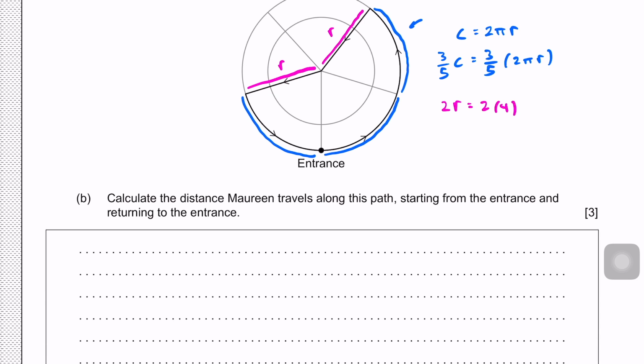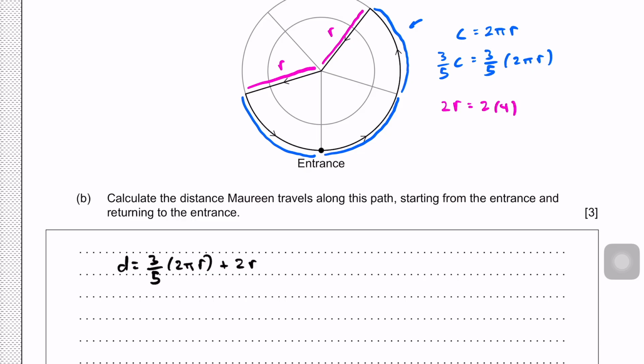Let's maybe just write it out like this: 3/5 2 pi r plus 2r. And that would be the total path that she travels. Let's just call it d.